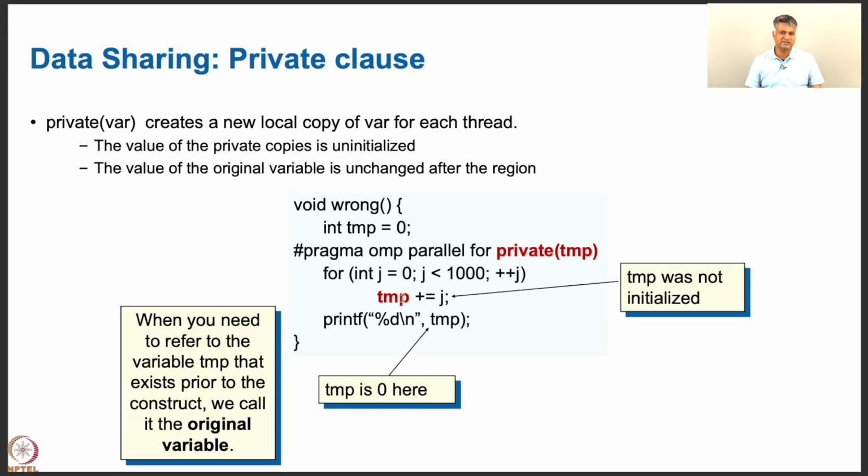So, when I do this sort of addition of temp, it is quite possible that I am going to get spurious answers, because we do not know what the initialized value of temp is over here, and temp is 0 possibly over here. We are just calling the initial variable, right?